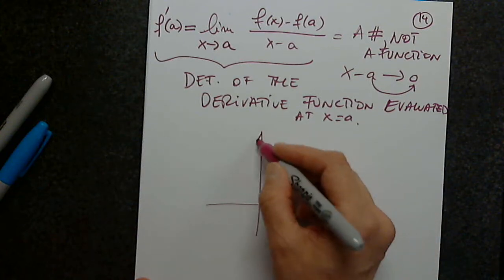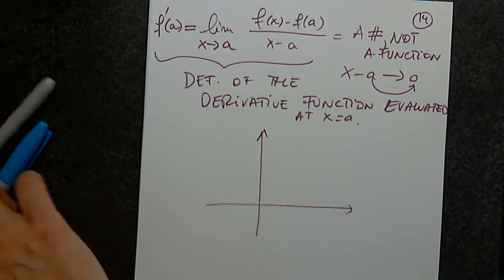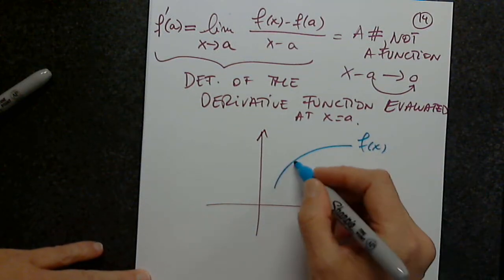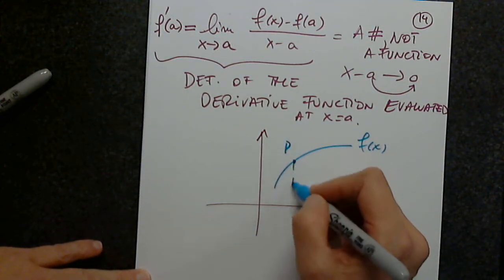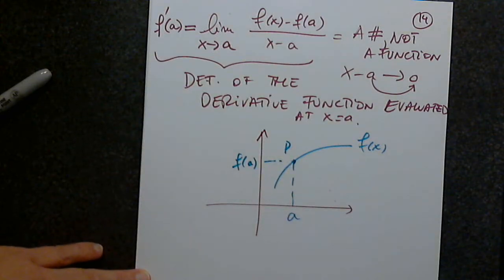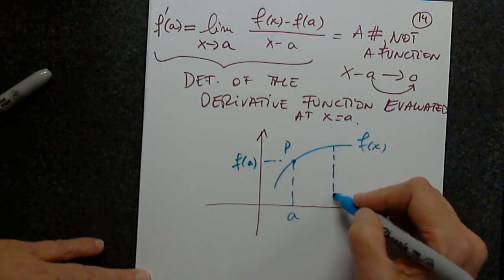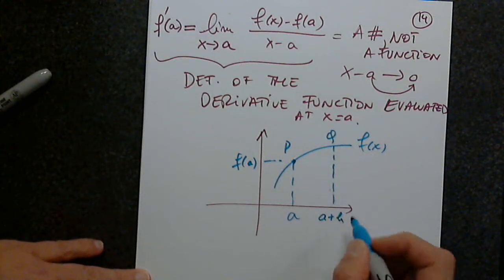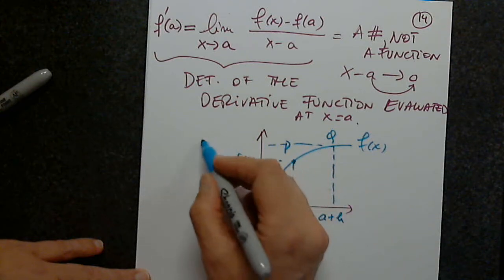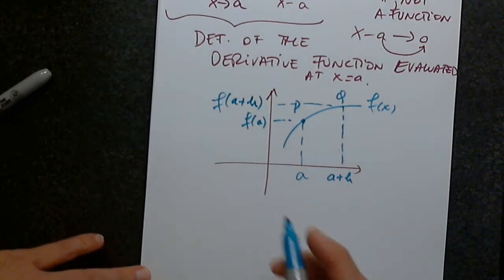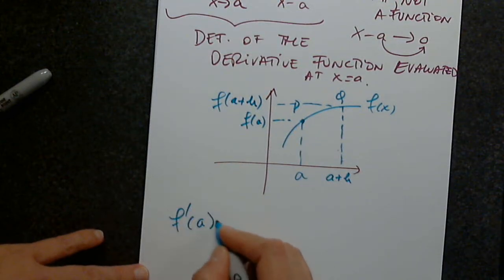Okay, as I said last time, this is for the same definition. Here's the same graph, the same f of x, the same p with a f of a, but this time, of course, this is q, and of course it's a plus h. And this is f of a plus h. So can anyone give us another f prime of a?